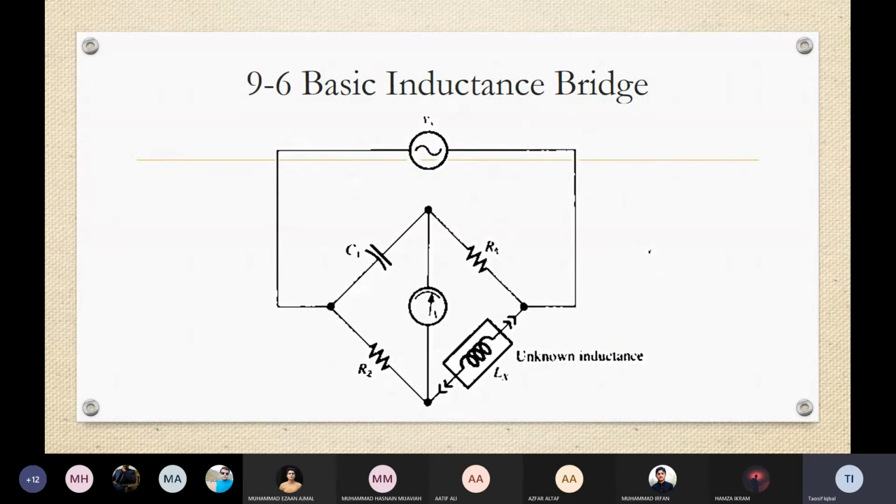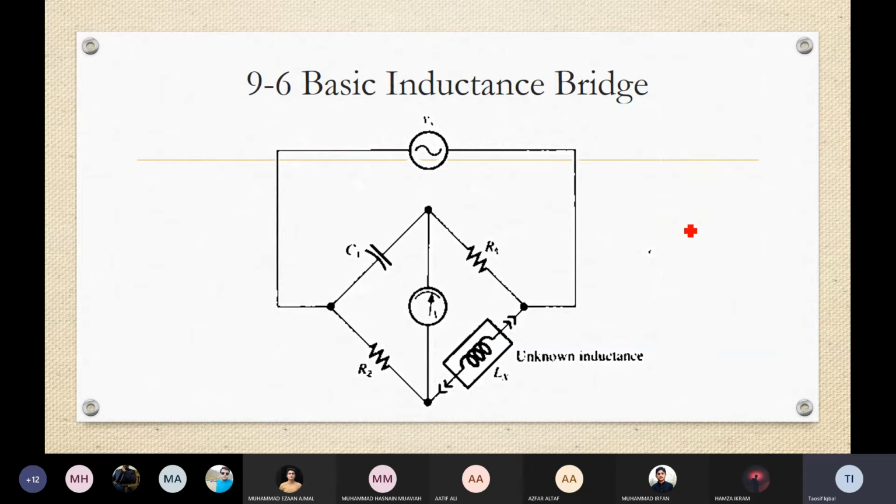Next is how we can find out the value of inductance. So to find out the value of inductance, and keeping in mind that we assume the inductance is going to be pure, so there is no parasitic in the inductance, the resistance is negligibly small.